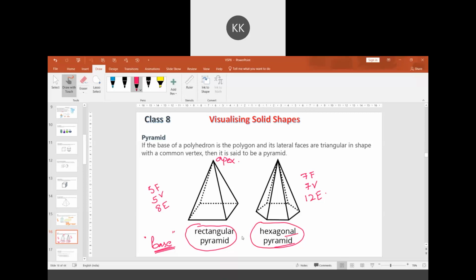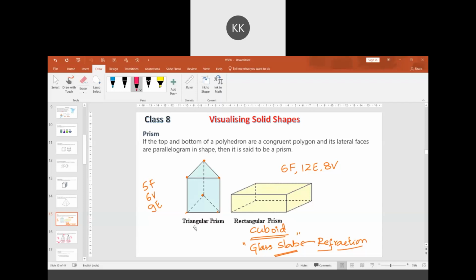If it is a pentagon, pentagonal pyramid. Likewise, with respect to the base, the names of the pyramids are given. Same way, in the previous slide, the base is a triangle, so it is called a triangular based prism. Same way, we can have a pentagonal based prism also.